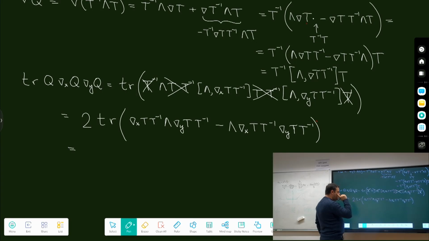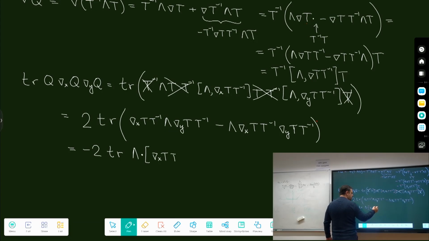So the last thing, I will write it like this: minus 2 trace lambda times a commutator of gradient x T inverse with gradient y T inverse. That's all.